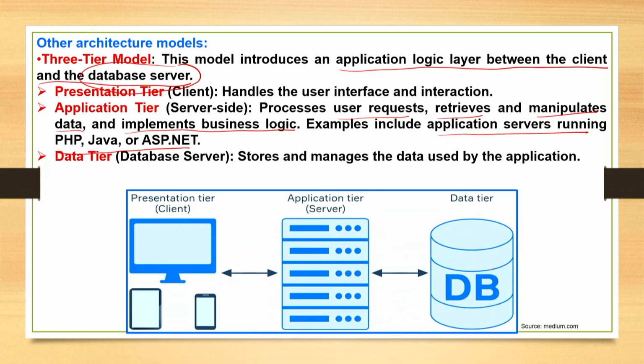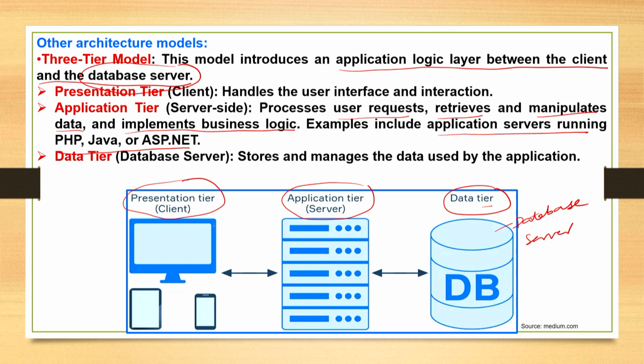So, this diagram represents the 3-tier model. It contains the presentation tier, that is the client, the application tier, that is the server, and the data tier, that is the database server.